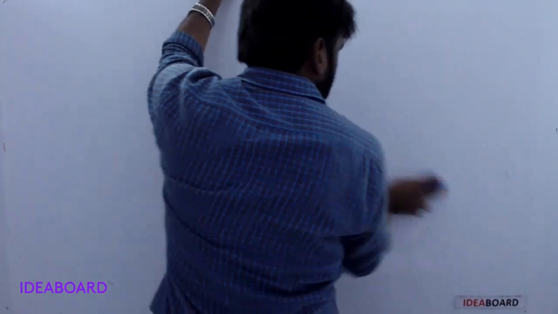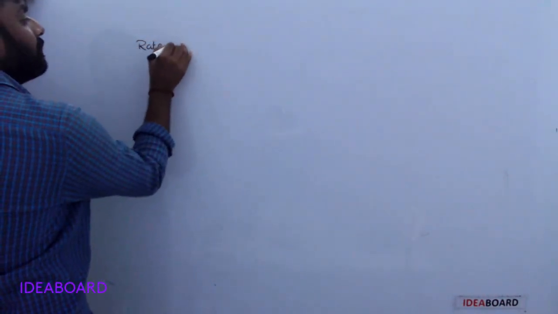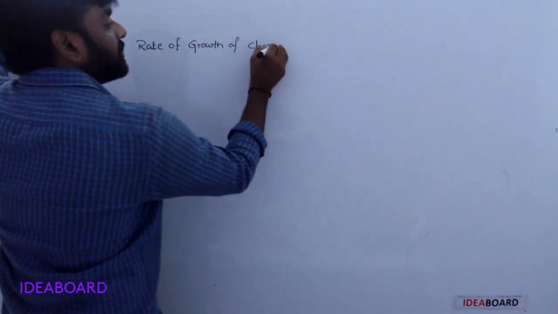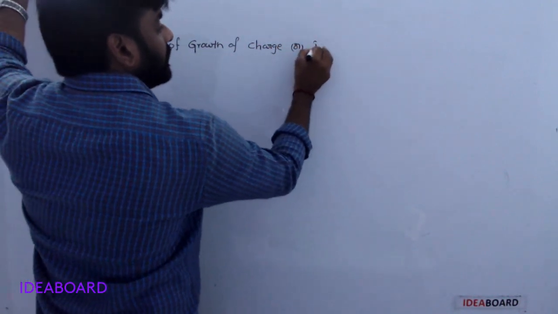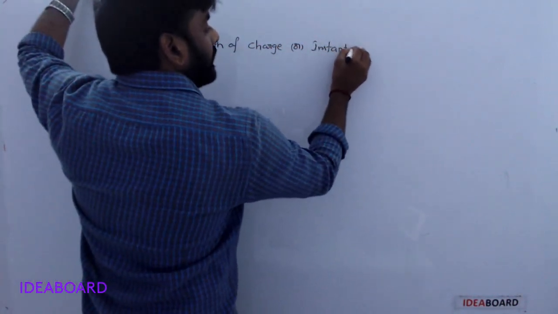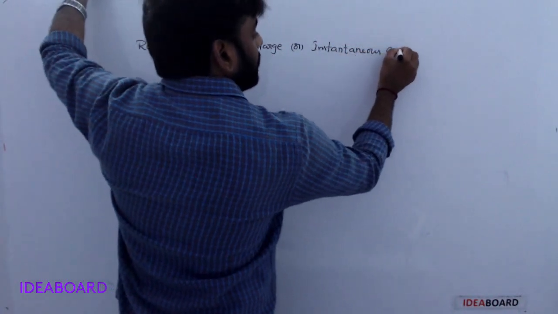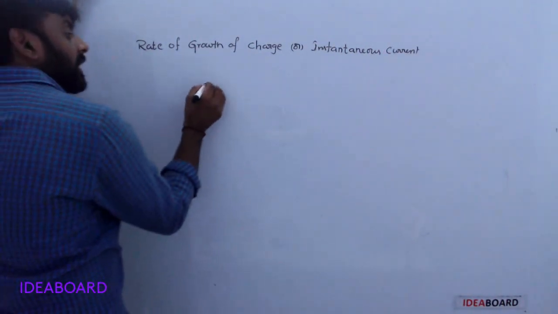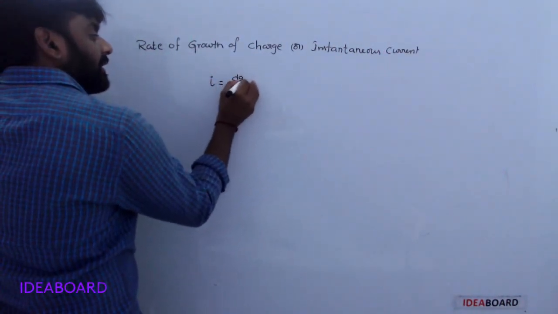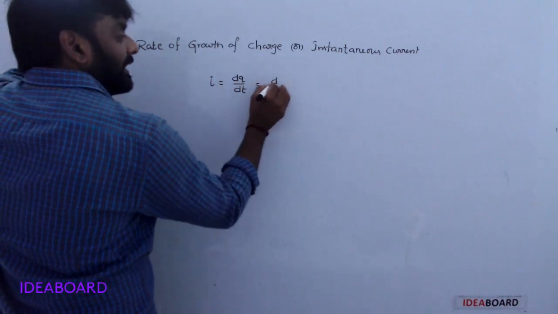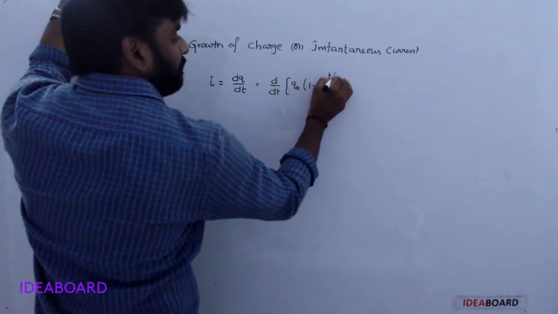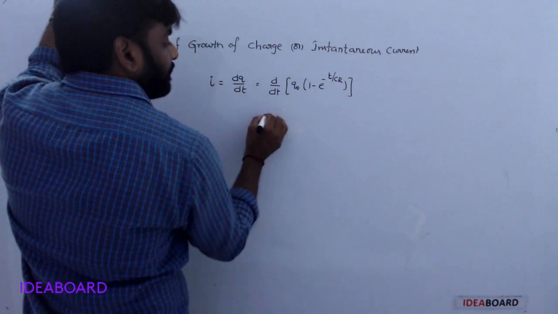Next, rate of growth of charge, or instantaneous current. Simply I is equal to dq by dt, where q is Q naught into 1 minus e power of minus t by CR.